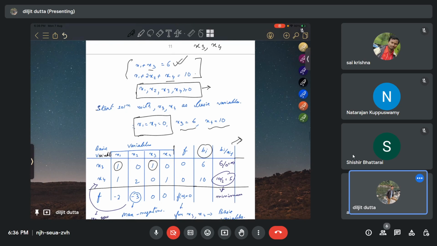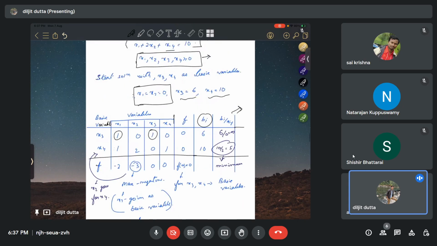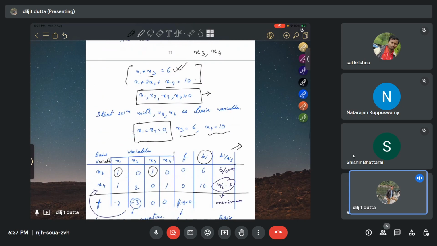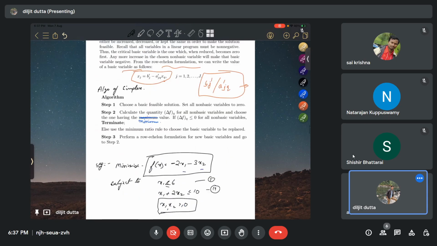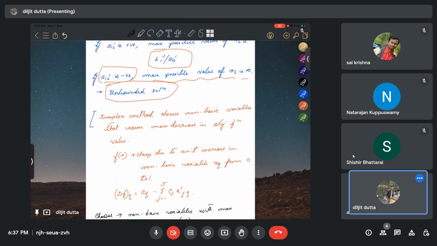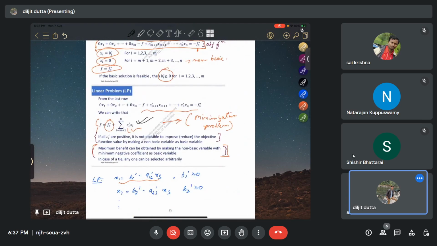Lastly we write the equation corresponding to f. We already saw that f is a function of the non-basic variables.